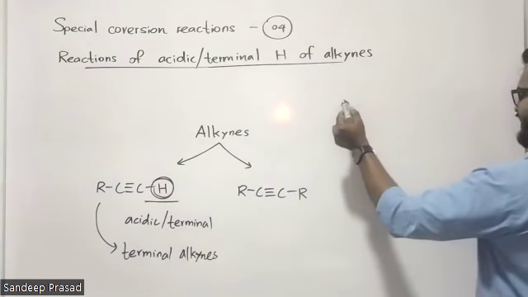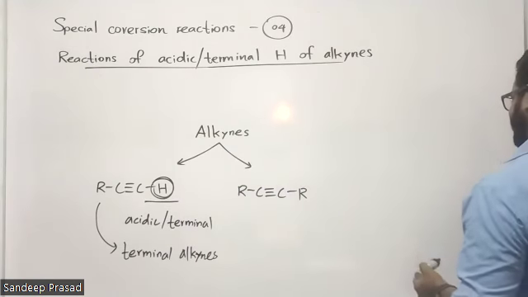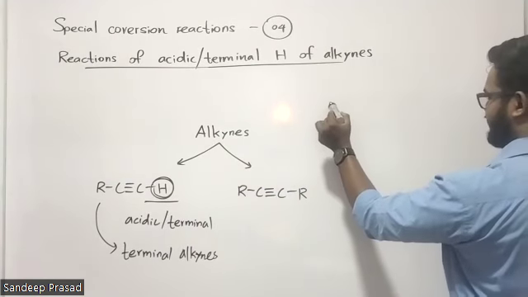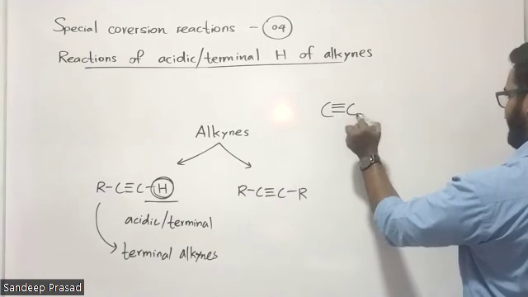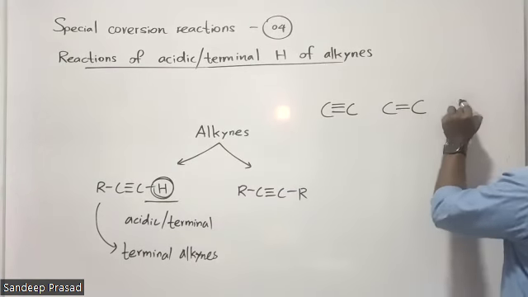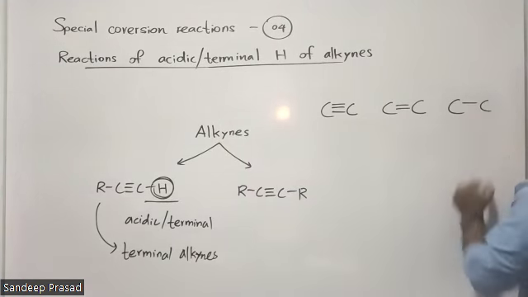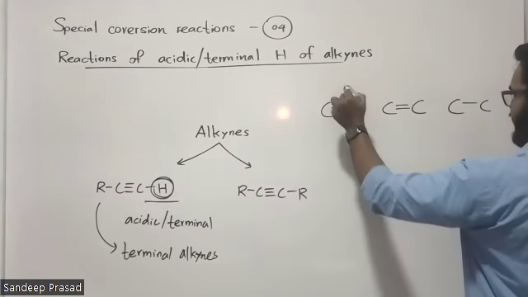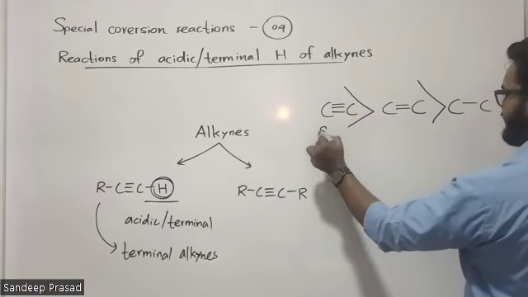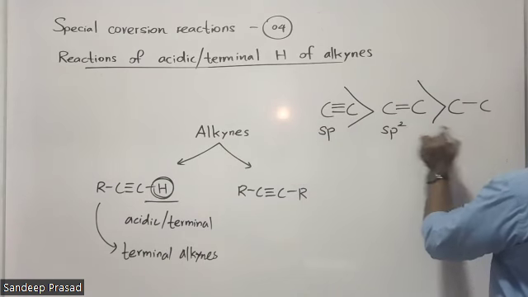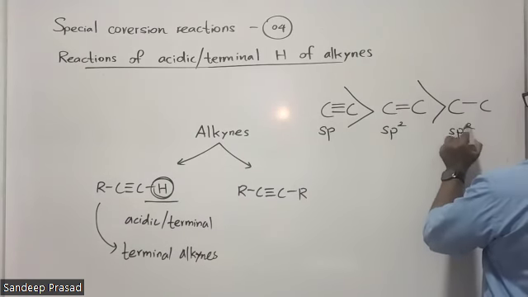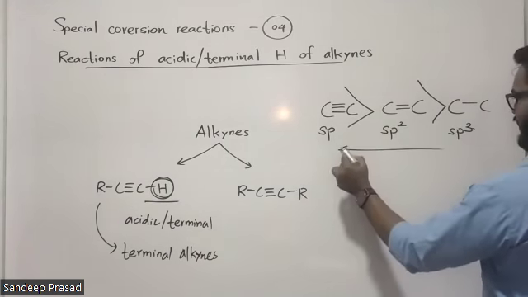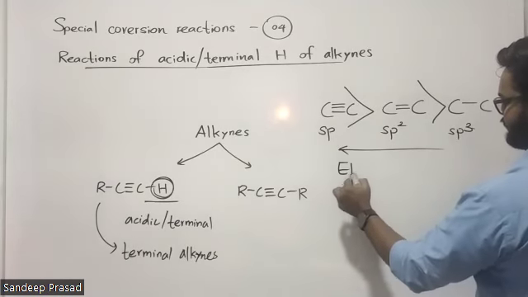Can you remember, we learned in the second unit under the theories, when we consider sp hybridized, sp2 hybridized, and sp3 hybridized carbon atoms, sp hybridized carbon atoms are more electronegative.